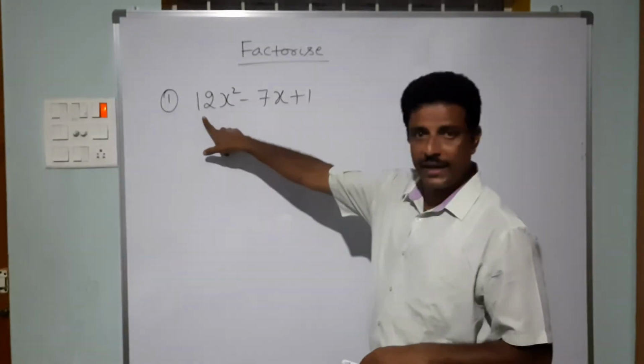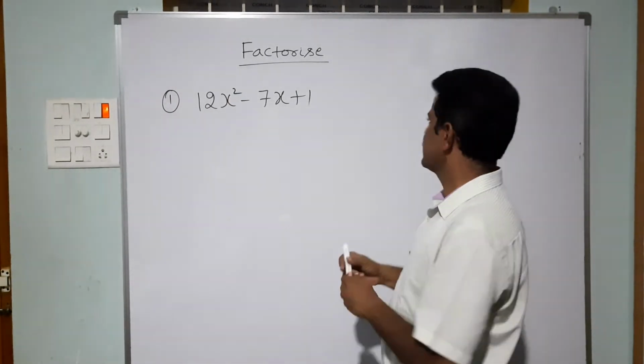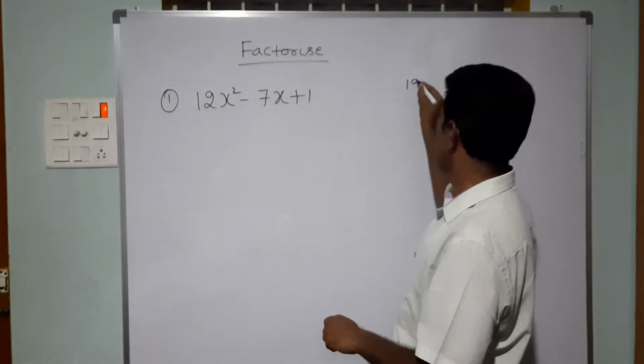So to factorize this problem, some rules are there. First, very important, this one is very important. First rule, you take the coefficient of x square. Rule number 1, take the coefficient of x square. Here you write separately, 12 into constant value 1. 12 ones are 12.